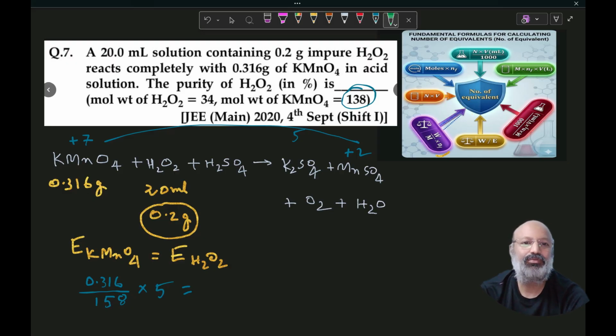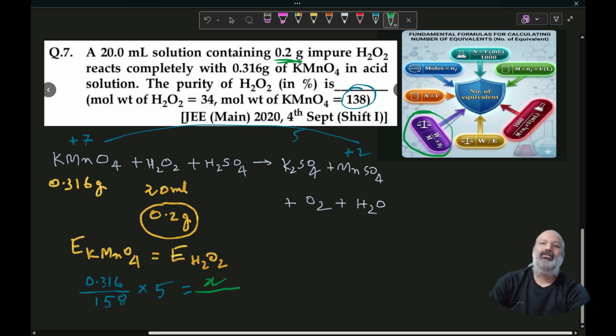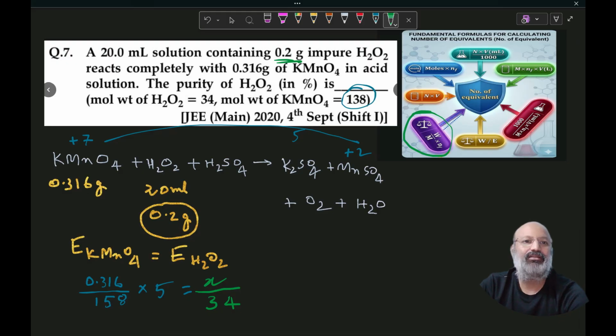Now to calculate the number of equivalents of H2O2, I need to consider the amount of H2O2, that is the pure amount of H2O2, which is x grams. So I'm writing it down x, which I need to calculate. And after that, I need to divide by the molar mass, and the molar mass of H2O2 is 34 gram. Okay. And then I need to write down the n factor.